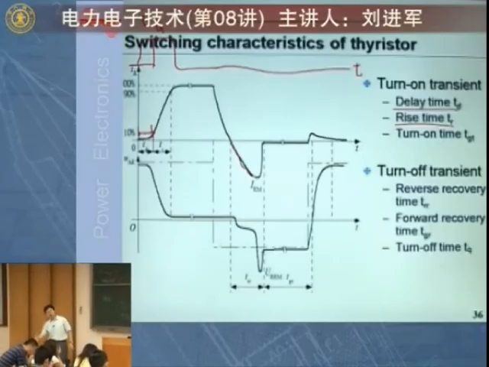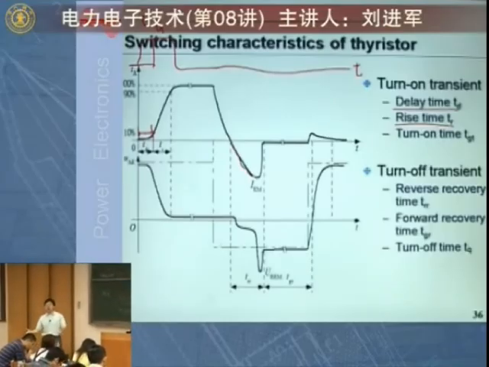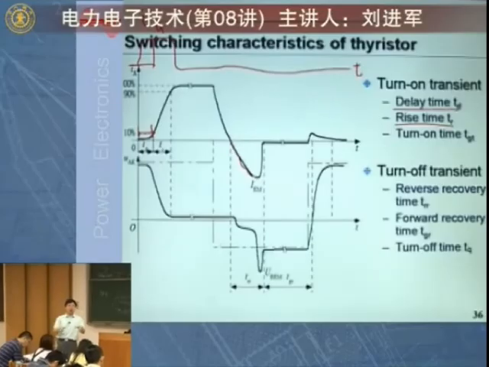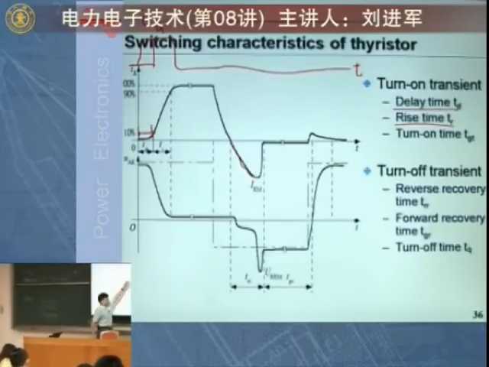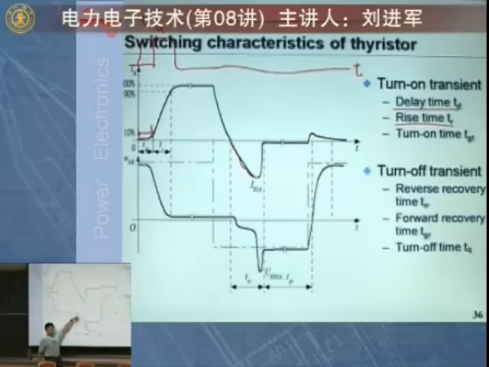It will change direction and increase in the reverse direction. The reason is similar to what happens in a diode, because there are still a lot of carriers, electrons and holes, inside the thyristor. Therefore, when you apply negative voltage, you will still have current flow because of these carriers. And therefore, there will be negative current in the reverse direction and increasing.